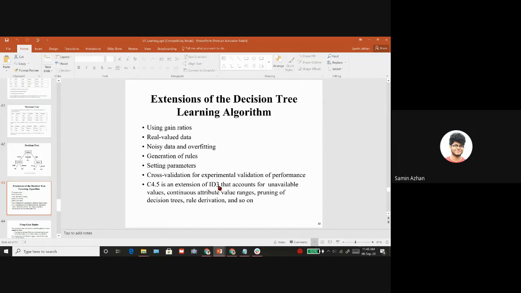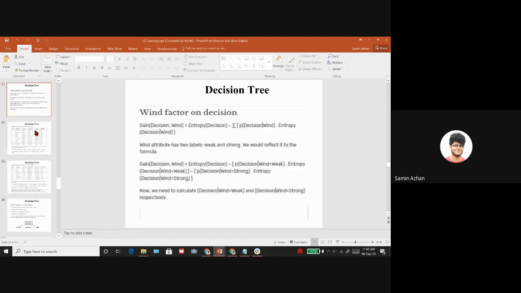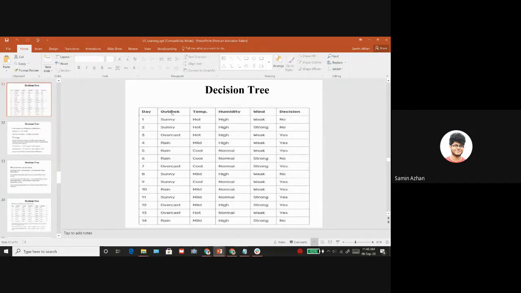If we have a lot of one-sided data, let's say, in our table, we see that there are a few sunnies for outlook, a few rains, and a few overcasts. But if we had one-sided, biased data, let's say out of 14, 12 or 13 were sunny, one was rain, and the other one was overcast.